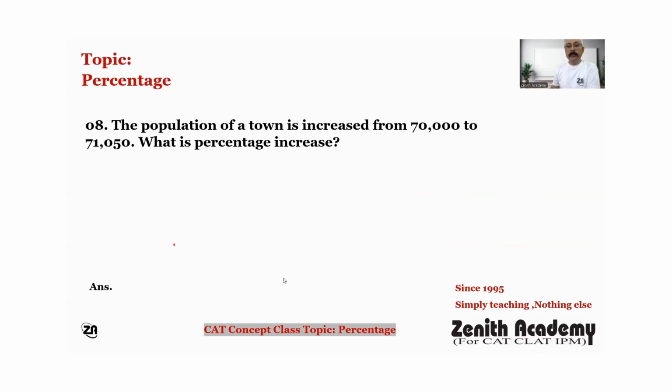Question number 8. The population of a town is increased from 70,000 to 71,050. What is the percentage increase? So here percentage increase is equal to increase, 71,050 minus 70,000, divided by the initial value 70,000, into 100.